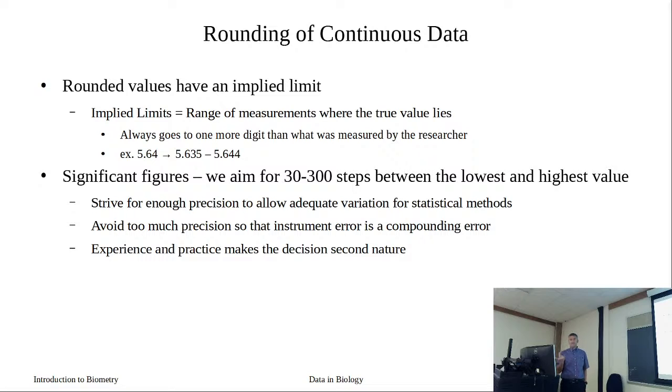If you've had chemistry, you've probably learned some of this. Who's been in chemistry? What does chemistry call it? Significant digits. Where do you come up with significant digits? Yeah, based on what you use to measure.